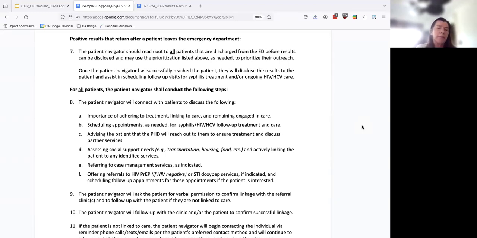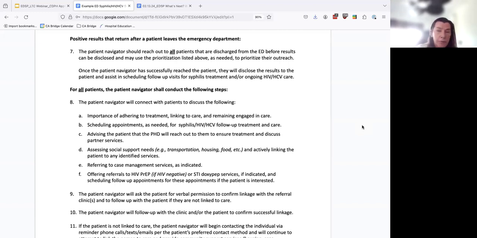But I'm realizing what we didn't say here is if you have individuals who have not been disclosed to and individuals who have been disclosed to before they left the emergency department, you would want to prioritize amongst those groups reaching out to individuals who have not yet received their diagnosis.